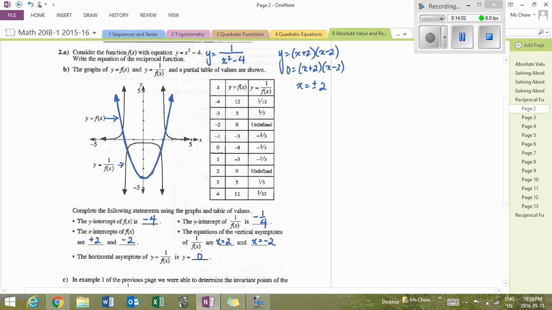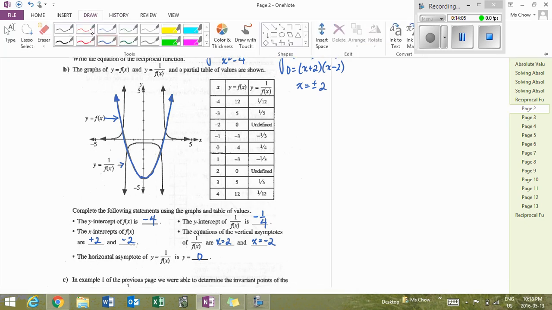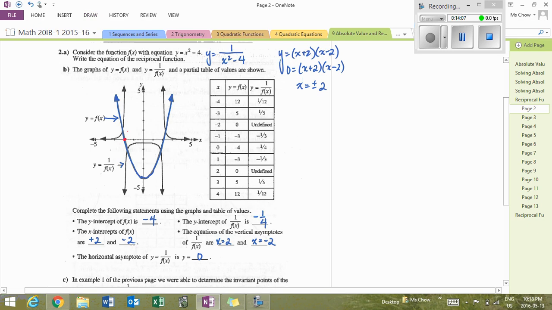So let's take a look at that then. If I draw in my vertical asymptotes, here I see my x-intercept of negative 2, so there's one vertical asymptote, and I'll label that as x is equal to negative 2. Here's my other one right here, and again, drawing that in, just being careful to show that your reciprocal function is not crossing that vertical asymptote at x equals 2.